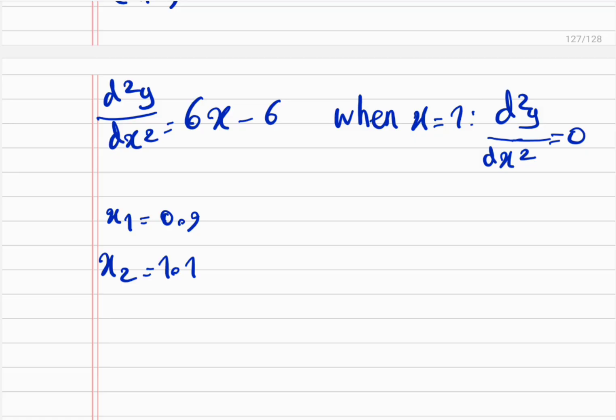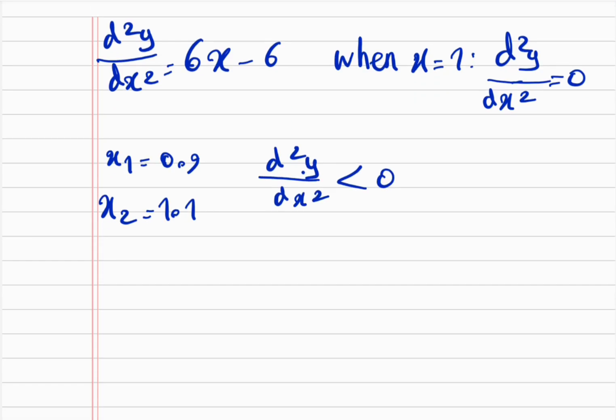So when x is equal to 0.9 and we plug that into the second derivative, we get a negative number. And when we have 1.1, after substitution, we get a positive number. As you can see, we have a change of sign, and that's exactly what we want if we want to show that it's a point of inflection.